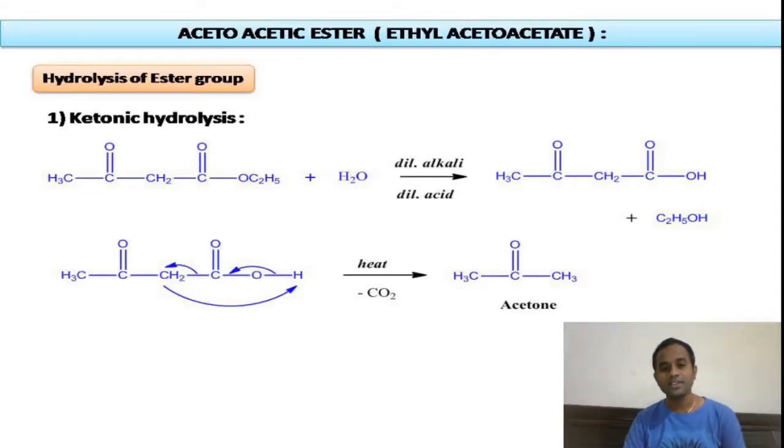This hydrolysis reaction involves two steps. In the first step, hydrolysis of the ester takes place to give a beta keto carboxylic acid. In the second step, this formed beta keto carboxylic acid upon heating loses carbon dioxide to give a ketone as the product, right?